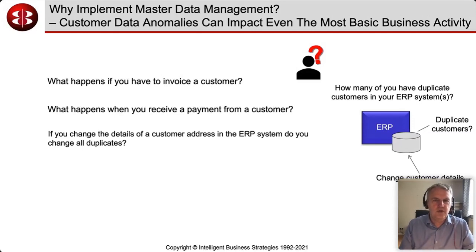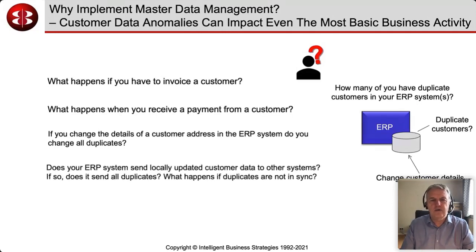And if you change a record, do you then send that change to other systems from your ERP system? And if you do, do you send all of the customer duplicate records? Do you send some of them, or do you send one of them? I mean, you get the problem here.